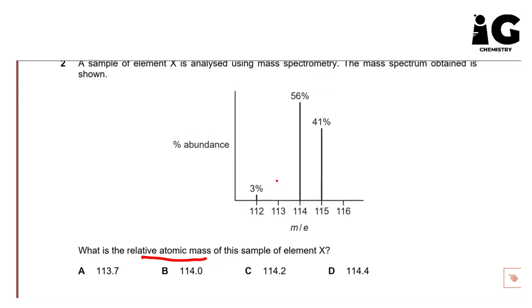We need to take the abundance ratio times the mass. Okay, so we'll take this times, and then plus the percentage times also the mass, and then plus the percentage here also times 115, and everything should be divided by 100.